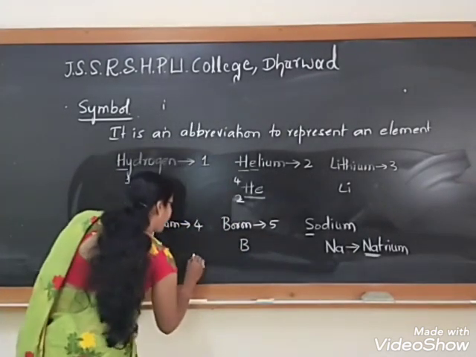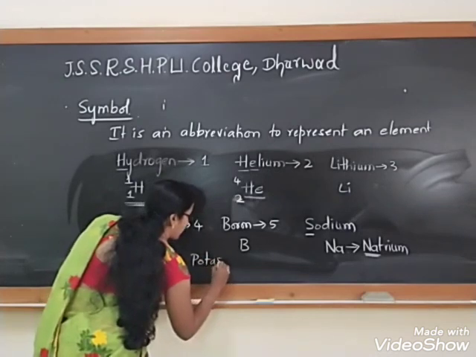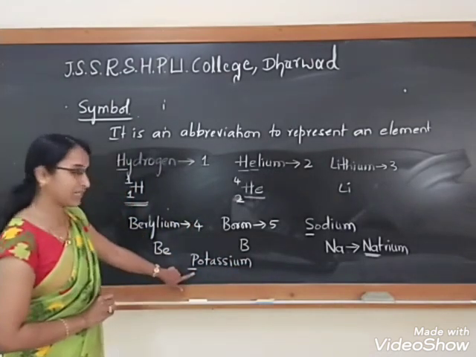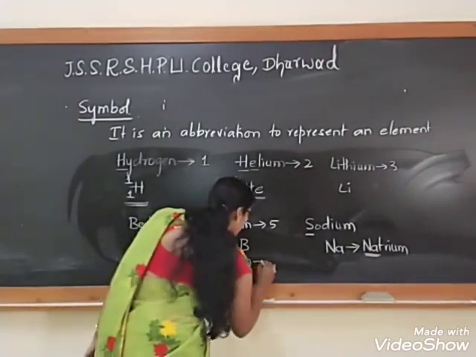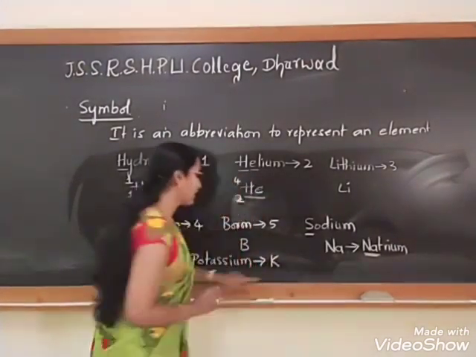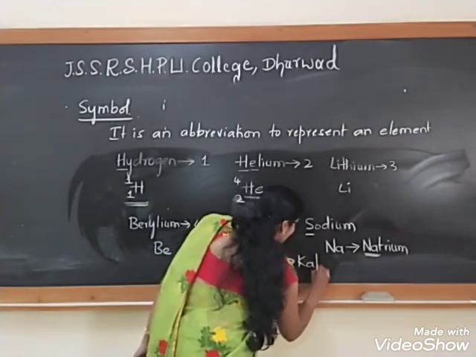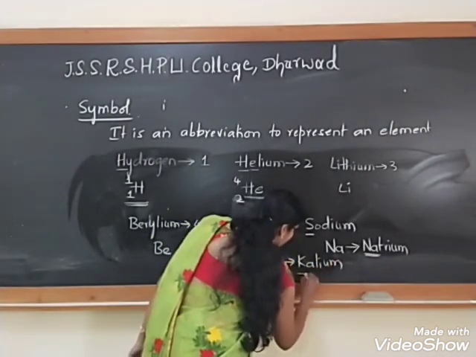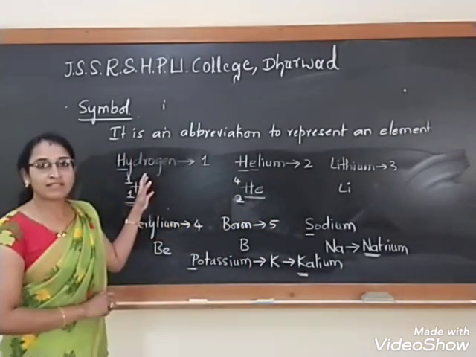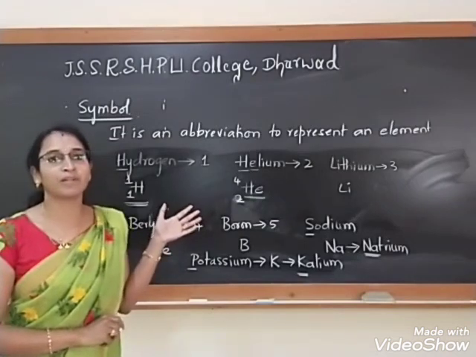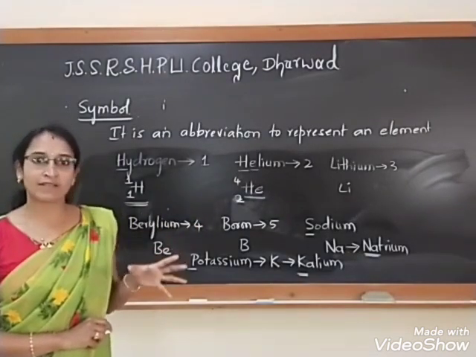Similarly, potassium actually starts with capital P, but the symbol is capital K, from the Latin word kalium, the first letter. So hence, there are 118 elements in the periodic table, and each element has a symbol.